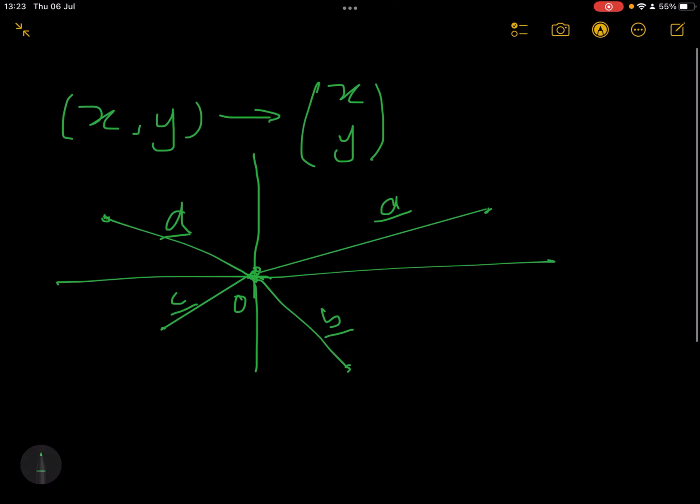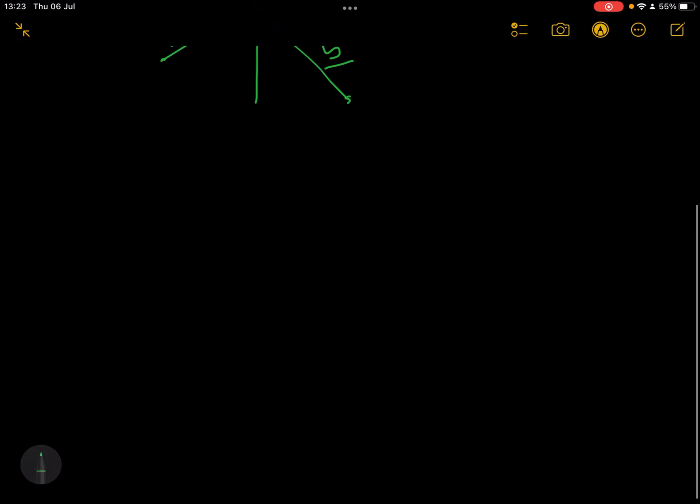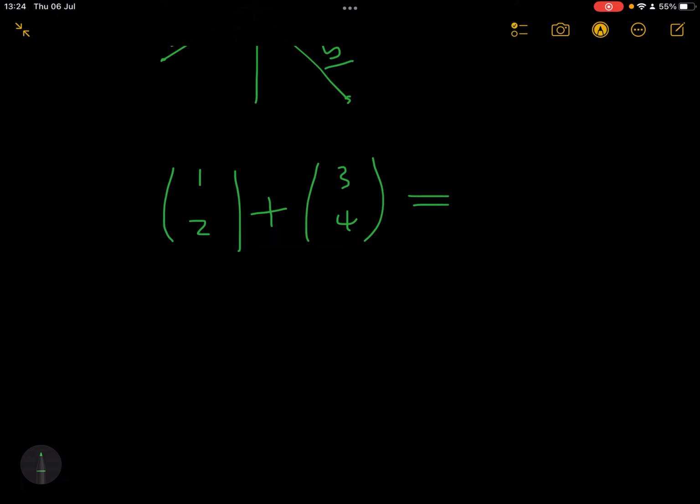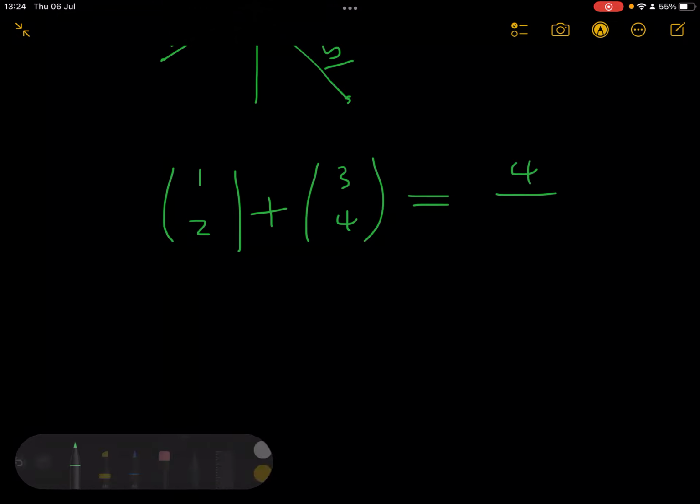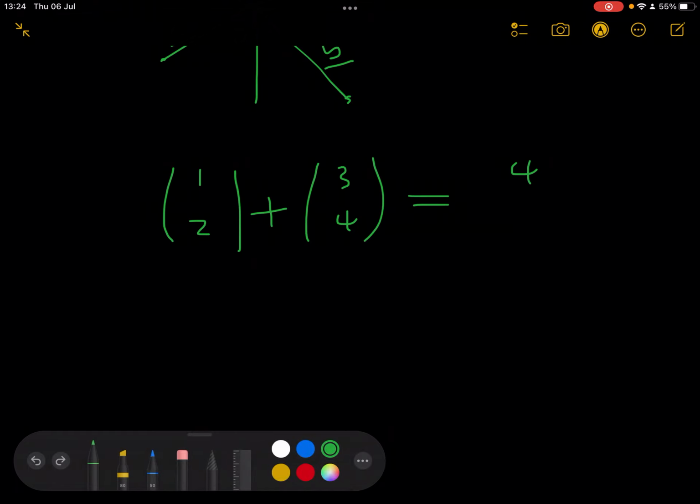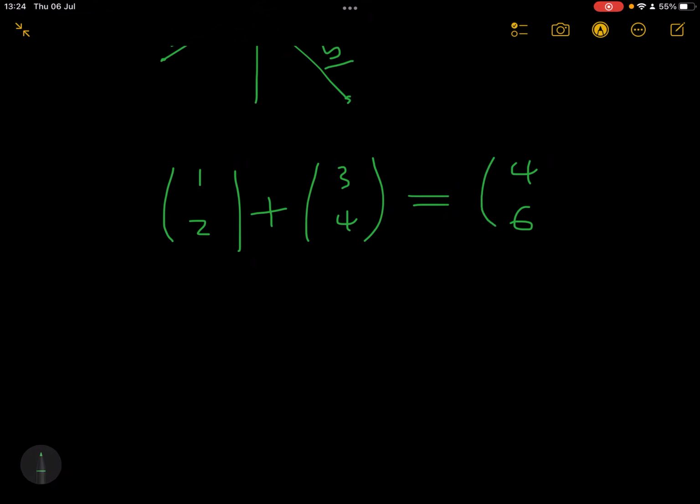If you do some basic calculation regarding vectors, let's say you have (1, 2) plus (3, 4). In this case, this is adding the vectors, so you just add the x and x, which is 4, and y and y, which is 6.